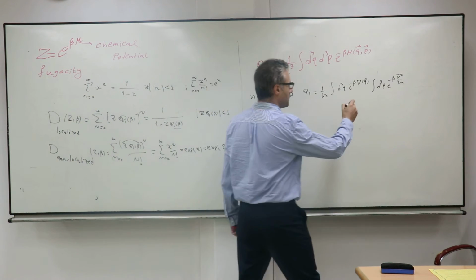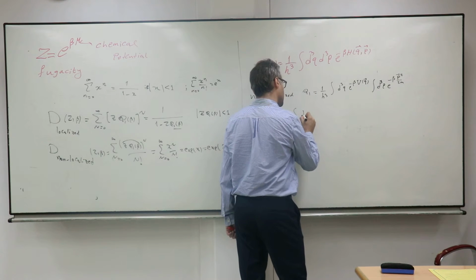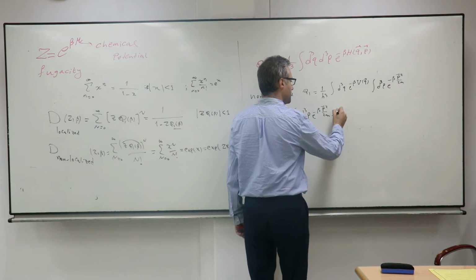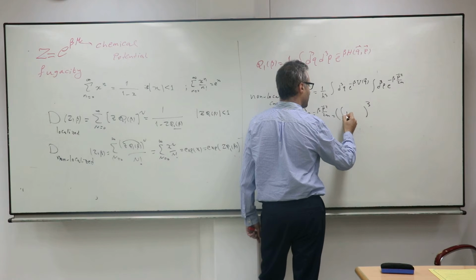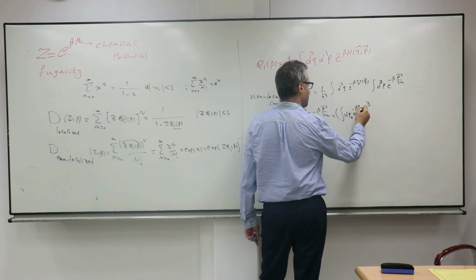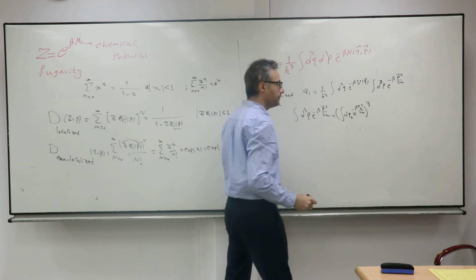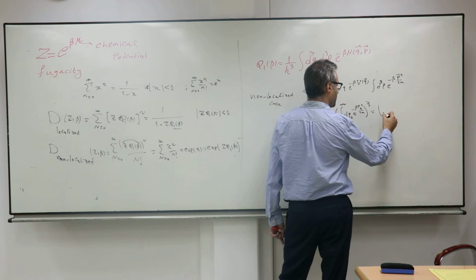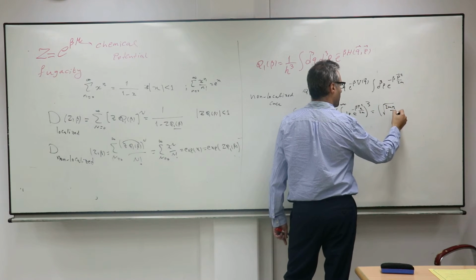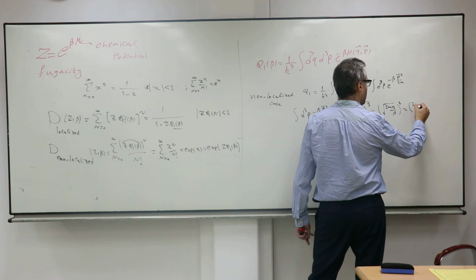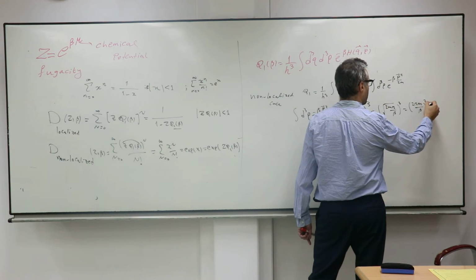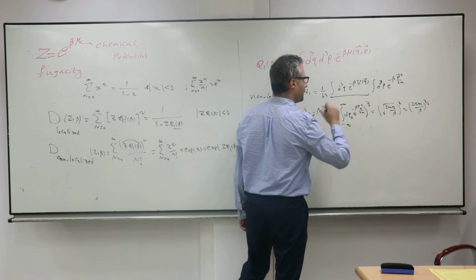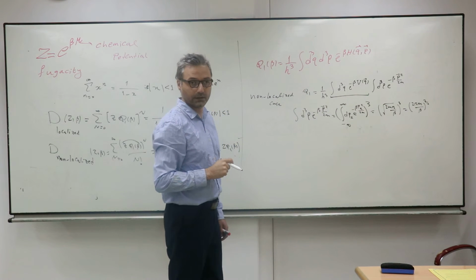So this integral, you know how to calculate: the integral dp e to the minus beta p squared over 2m. This is just the cube of the integral of dp e to the minus beta p squared over 2m, from minus infinity to infinity. And this integral, you know what is that? Poisson integral, radical 2 pi m over beta, cubed. This term, we don't know what it is, but you see that it will be a function of beta only, huh? Only a function of beta.